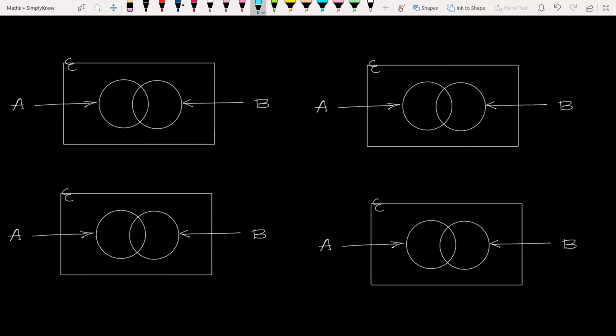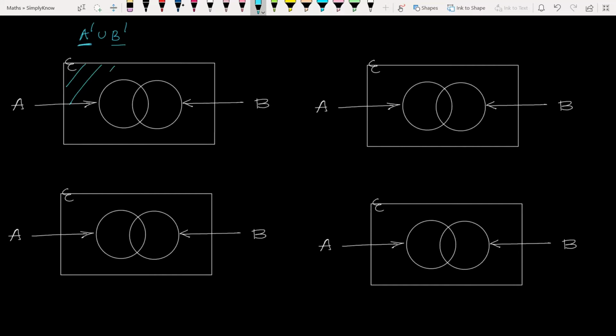Okay, let's move on to some difficult ones. What about A complement union B complement? It's the same way. Here again, we need to shade everything in A complement and also everything in B complement. Now, A complement means everything outside A. So let's shade it.